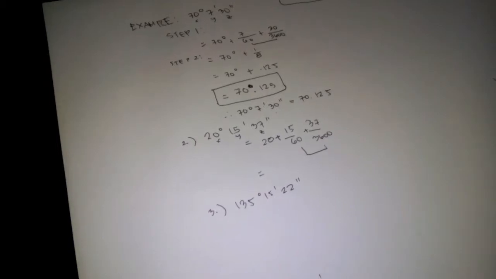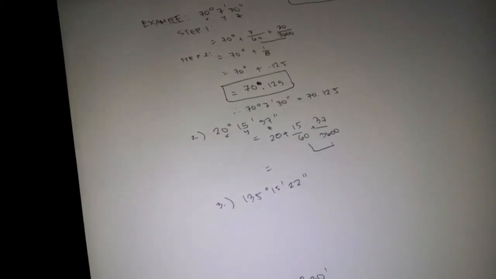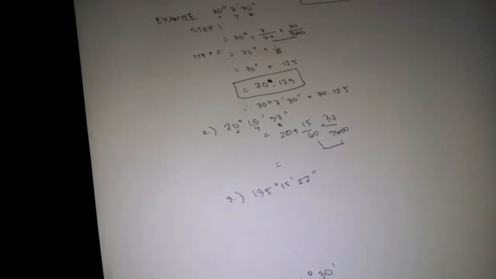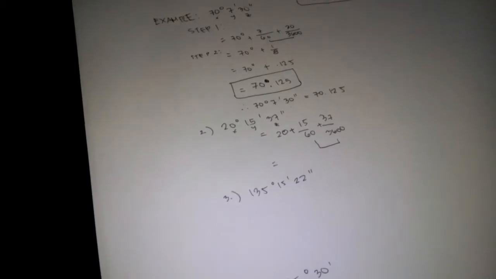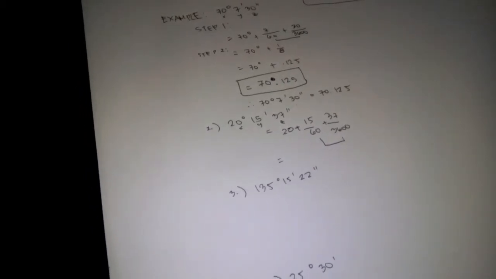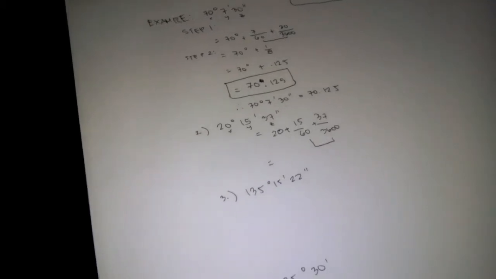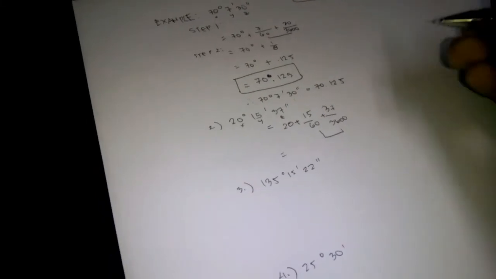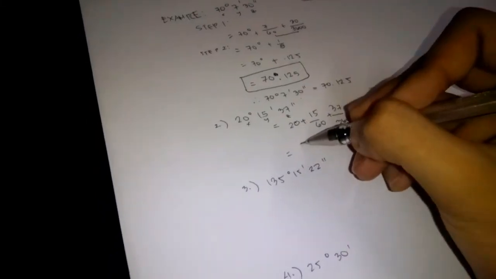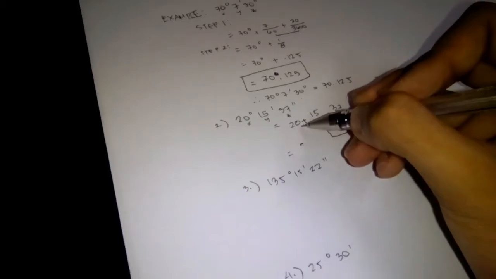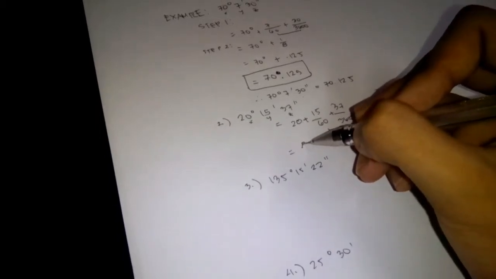Let's do the math using a calculator. 15 over 60 plus 37 over 3600 will be 937 over 3600.